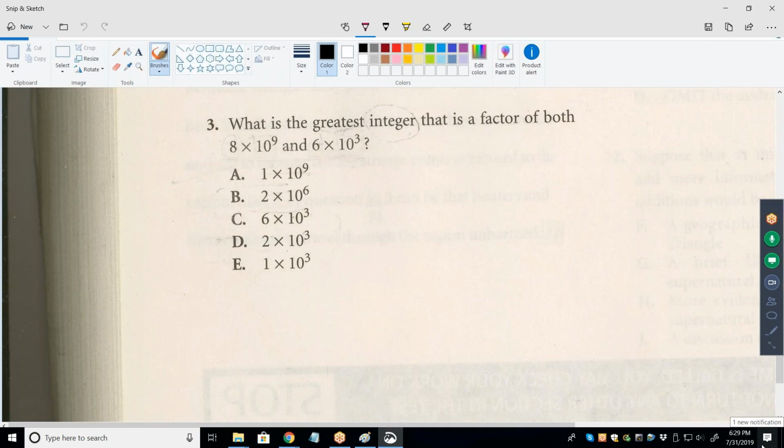So what's the greatest integer that is a factor of both of those numbers? So each of these numbers is comprised of 2 things, that and that, okay? Let's start with the number on the left. What's the greatest integer that's a factor of both 8 and 6?